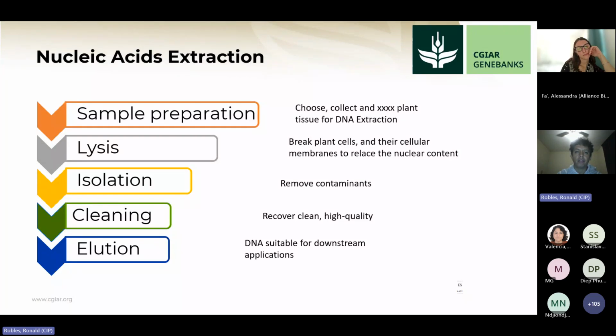Finally, we obtain a pure DNA that is eluted or maintained in stable conditions for general purposes.